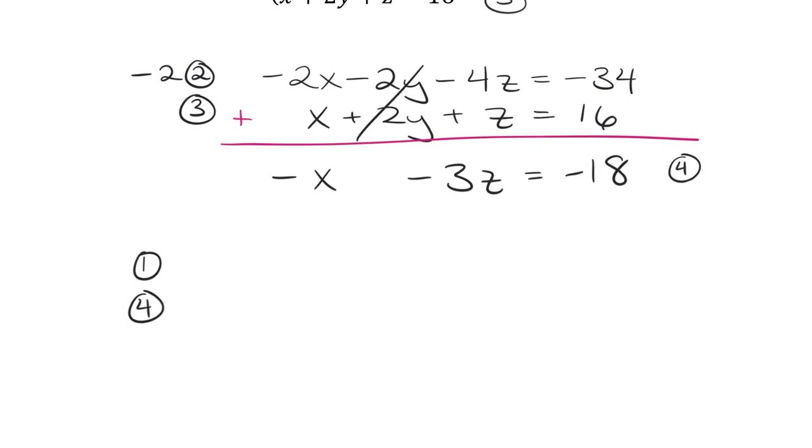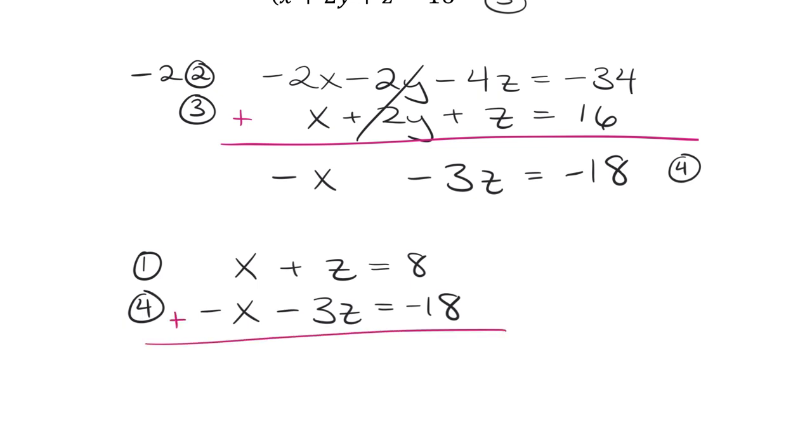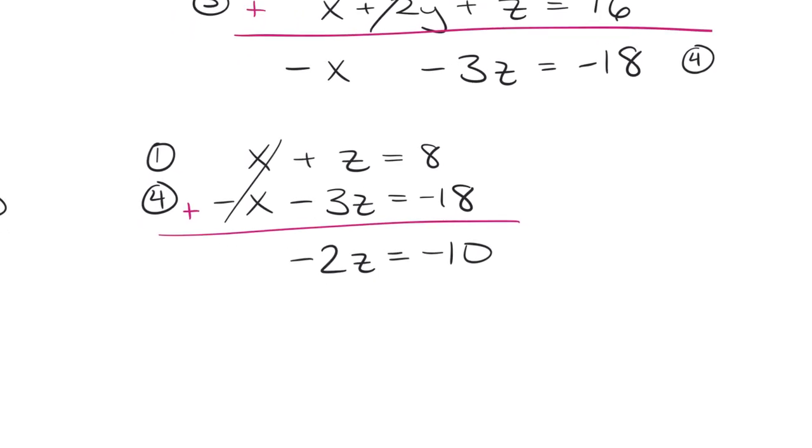I don't have to even manipulate equation 1, x plus z equal to 8, and -x minus 3z equal to -18, because you're right, the x's would already cancel out. All we have to do here is combine them. X's are gone. We have -2z equal to -10, which means that z is positive 5.